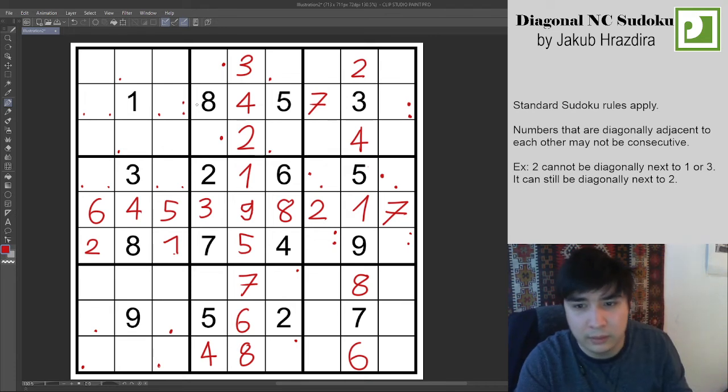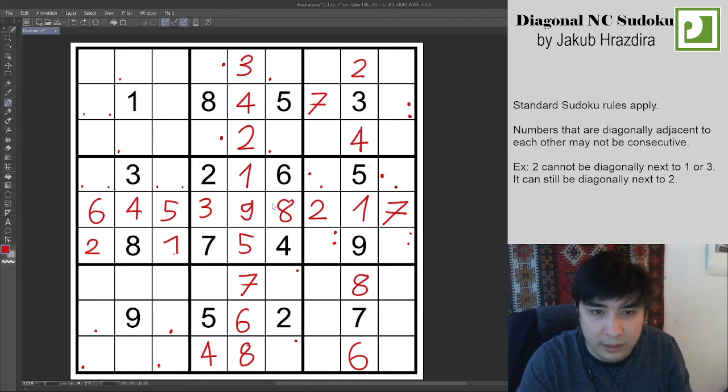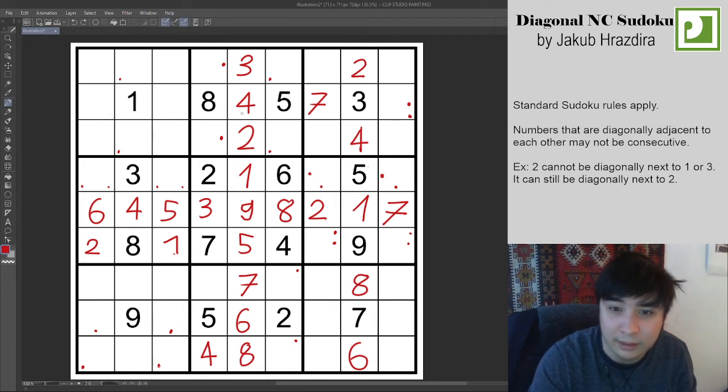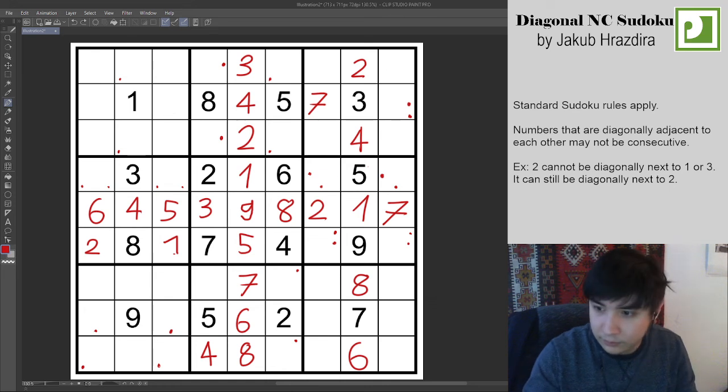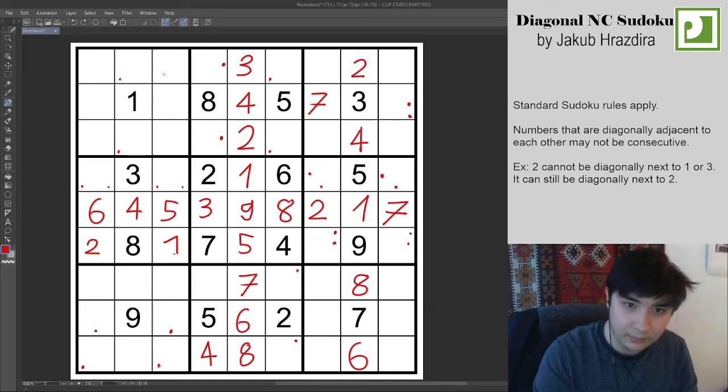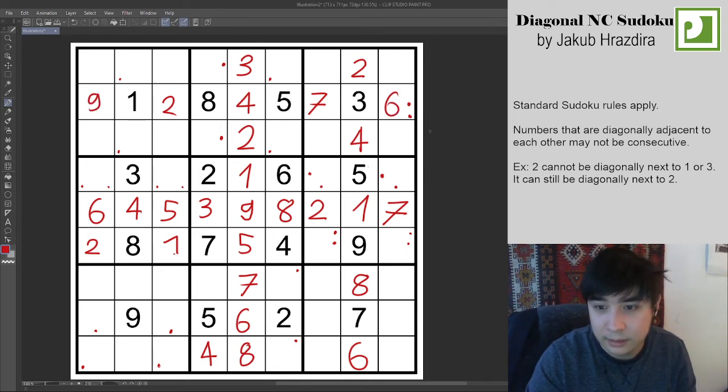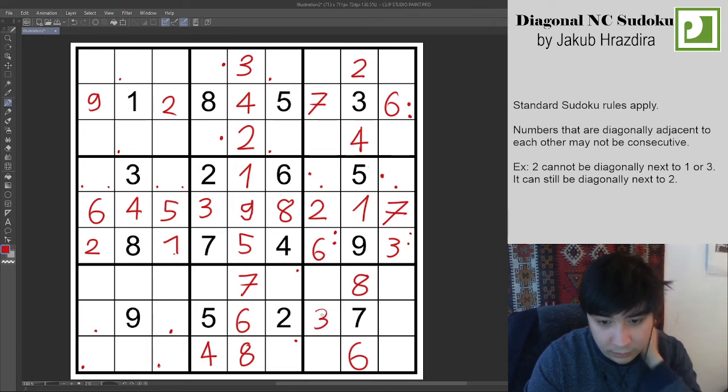Wait, no, it's not. There's a 7. I lied. It's actually the 2. We can just fill that in with regular Sudoku. And this is now wrong layer again. This is 2, this is 9. That's a 6. This gives us 6 and 3. Now the 3 can go down and into the center cell because we have the 2 over here.